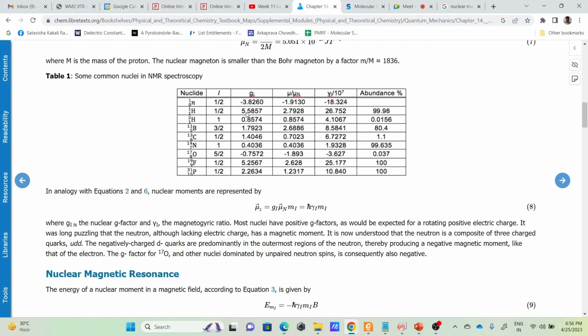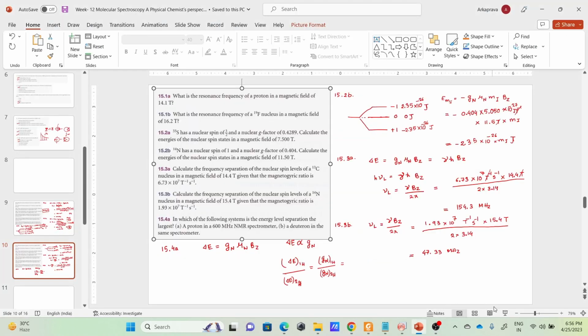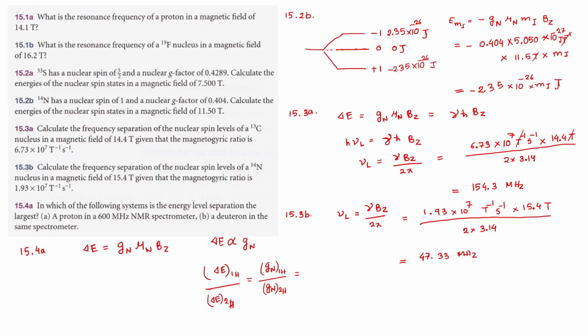For a proton it is 5.585 what we are taking, and for deuterium it is 0.857. So this is 5.585 over 0.857, which is obviously greater than 1, right?